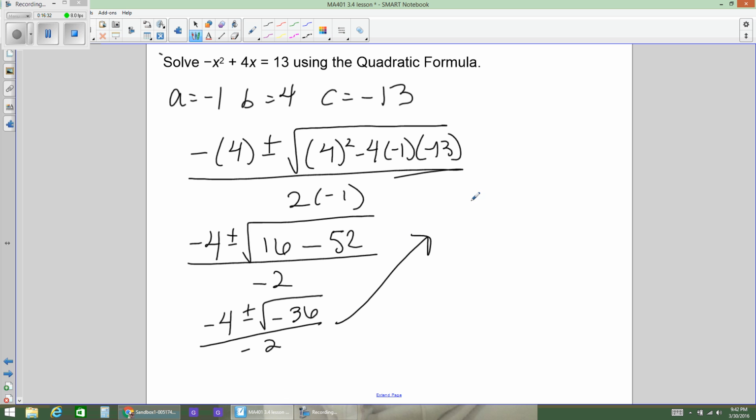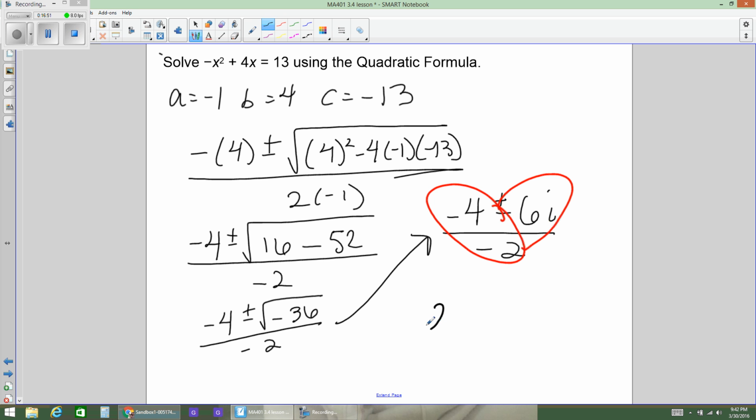Now I'm going to use my lesson on complex numbers and say that I know that's 6i. So now I have negative 4 plus or minus 6i over negative 2. And I have to share the love. So I get positive 2 plus or minus 3i. Okay, a tricky one, but we got it.